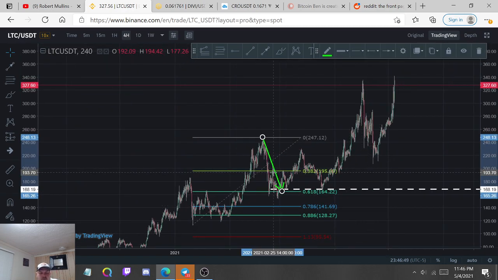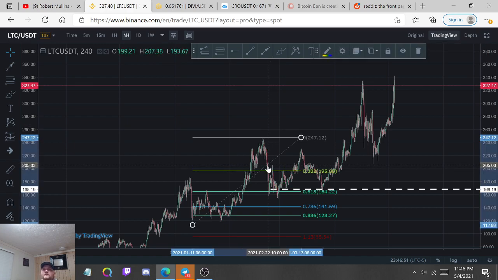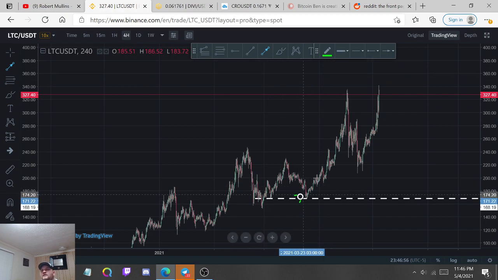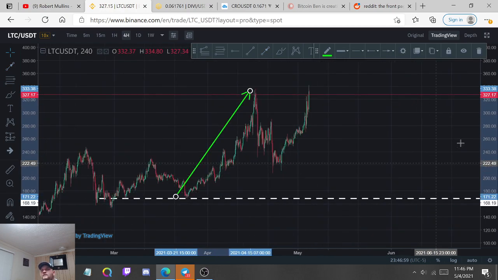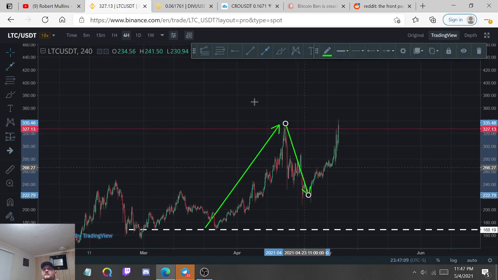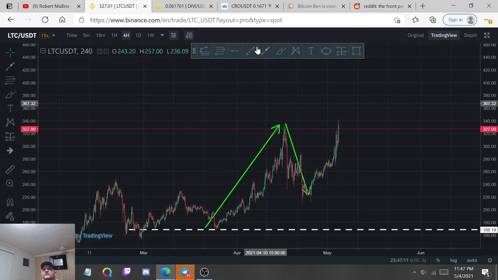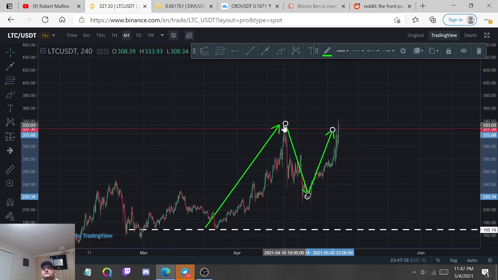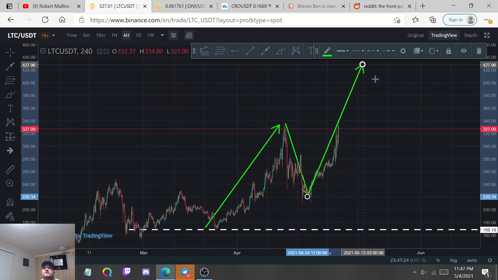What's really cool about it is that now we've put in this one. We pulled back, and now we're testing the previous high.